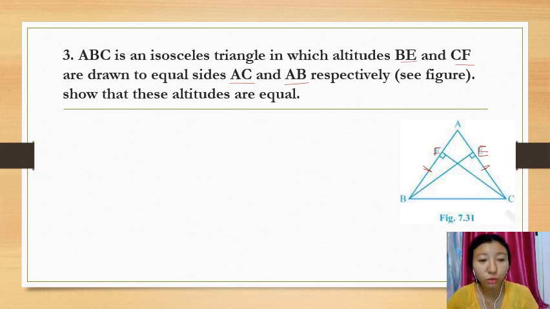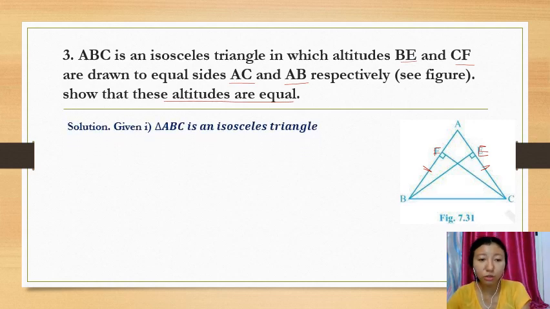Now we have to show that these altitudes are equal. Now which two are altitudes here? BE and CF are altitudes, right? Now the solution. Given: triangle ABC is an isosceles triangle, that means AB equals AC. And BE is perpendicular to AC, right?